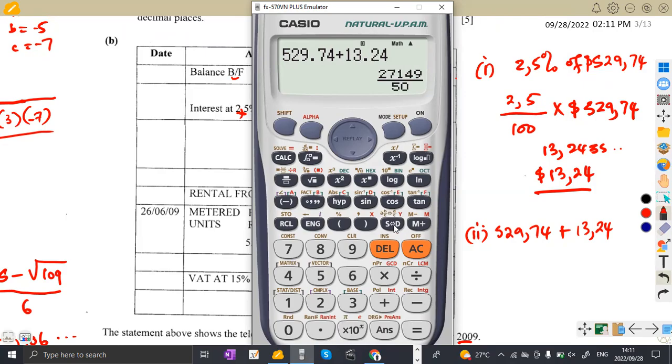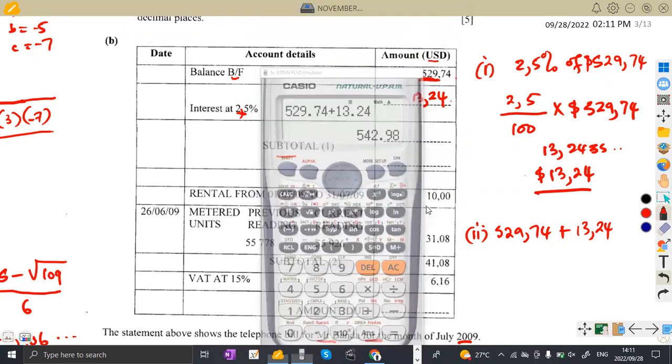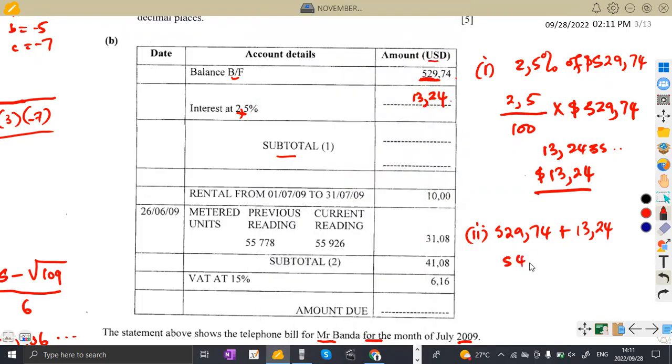It's going to give us 542.98. Okay, so this is what you're going to have, $542.98.